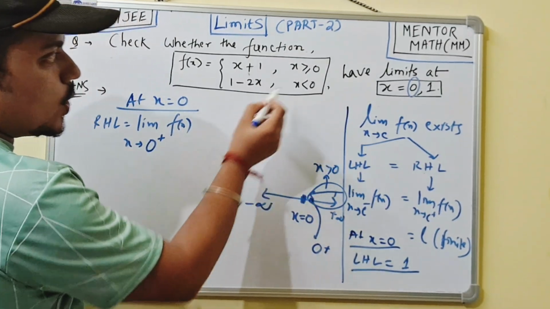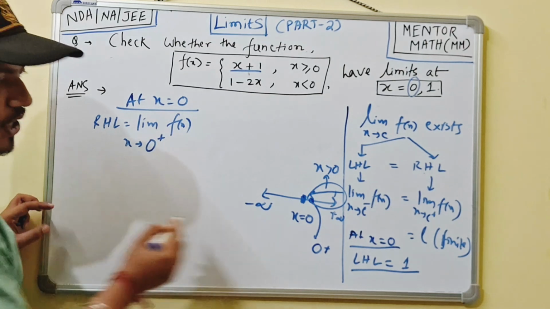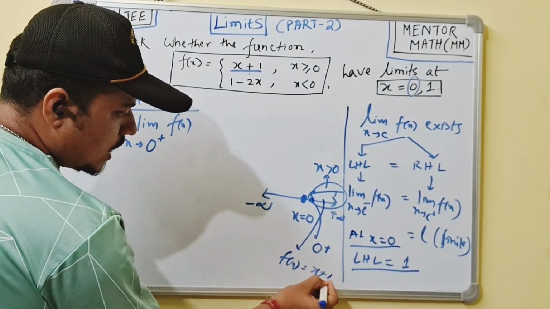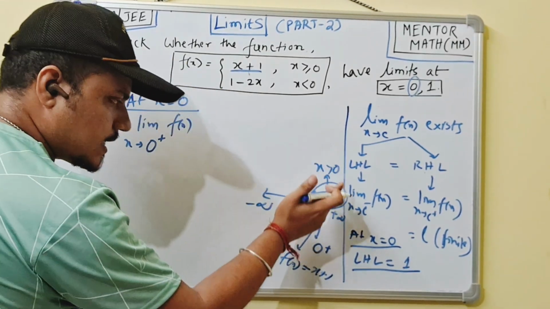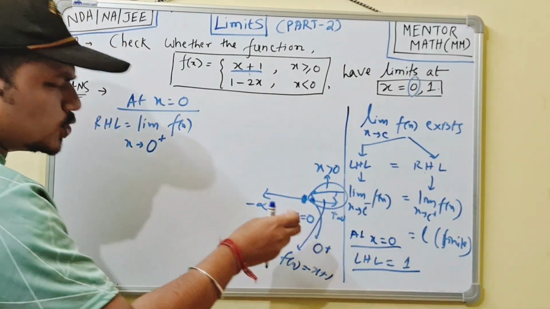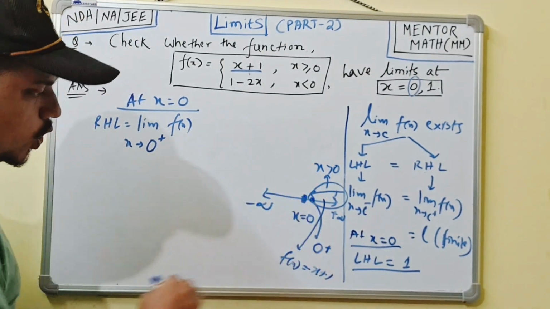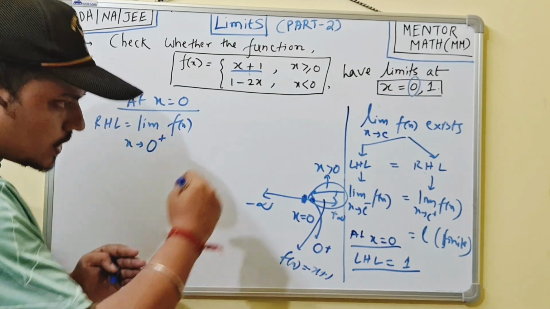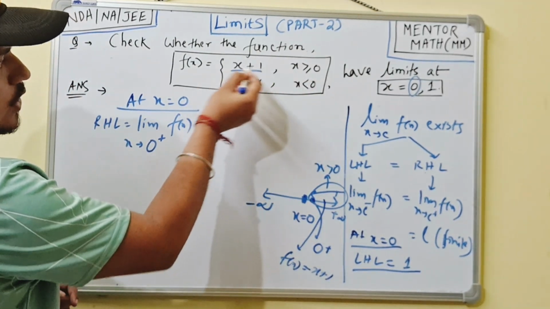If x is greater than 0, according to your question, the function value is x plus 1, because whatever value you take from the right side, obviously x is greater than 0, like 0.0001 or 0.1. Since all values are greater than 0, the function gives x plus 1.